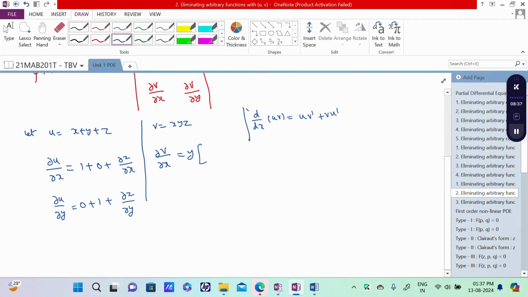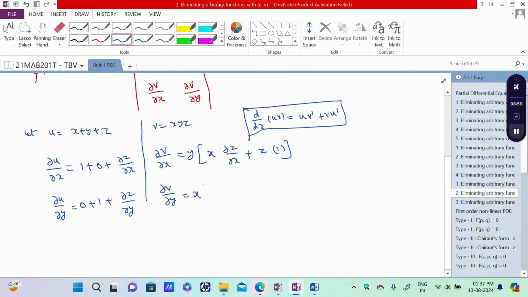I'm going to apply this formula. Therefore, x times dou z by dou x plus z times the differentiation of x, which is 1. And dou v by dou y, here x is the constant.